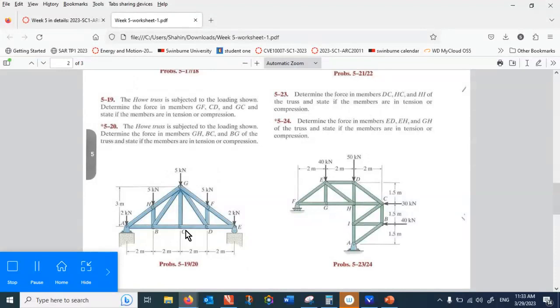It's not asking about the GD. So I think the process is, if I cut through these three members, that should be solvable, isn't it? Because it gives me three forces, provided that I know the reaction at E.